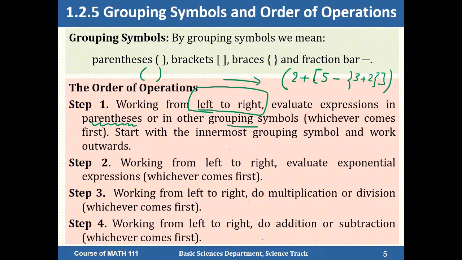So here I have different grouping symbols, 3 types. بأي واحد راح أبدأ؟ الثلاثة زائد 2. نبدأ بالinnermost يعني باللي الداخل ونطلع برا. نبدأ من داخل ونطلع برا. اوكي؟ So we start with the innermost grouping symbols and working outwards. Okay? Then we start with grouping symbols from innermost working outwards.